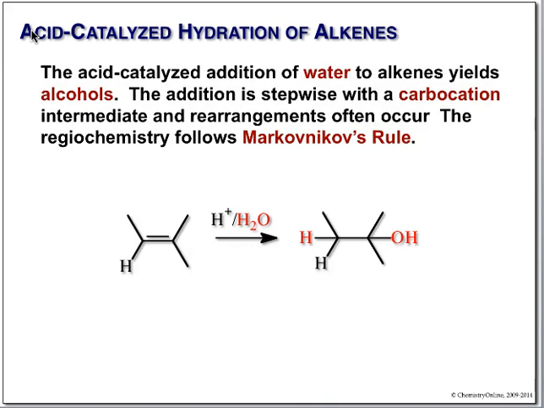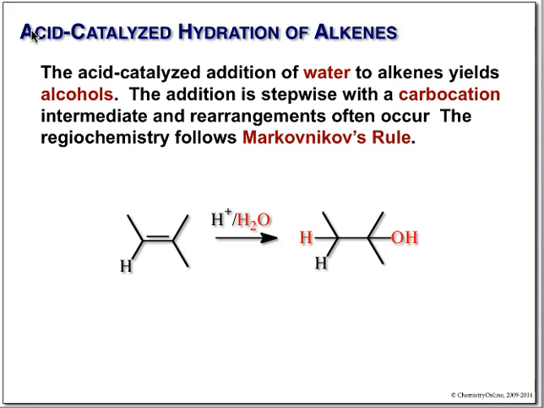Except we don't have Br minus around, or a nucleophile, do we? What do we have? We have water. So it's going to be just like the addition of HBr, except instead of adding the halogen, we're just going to add the OH group.